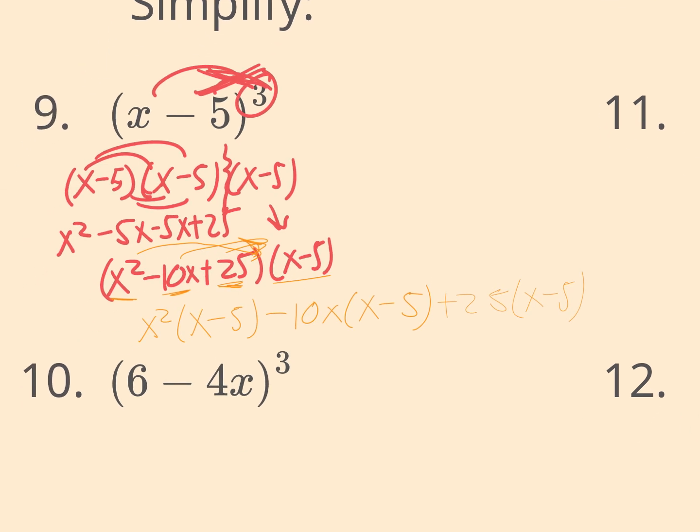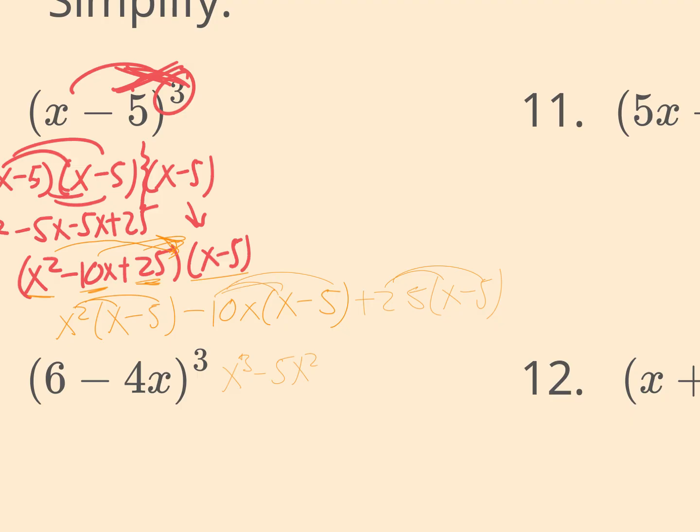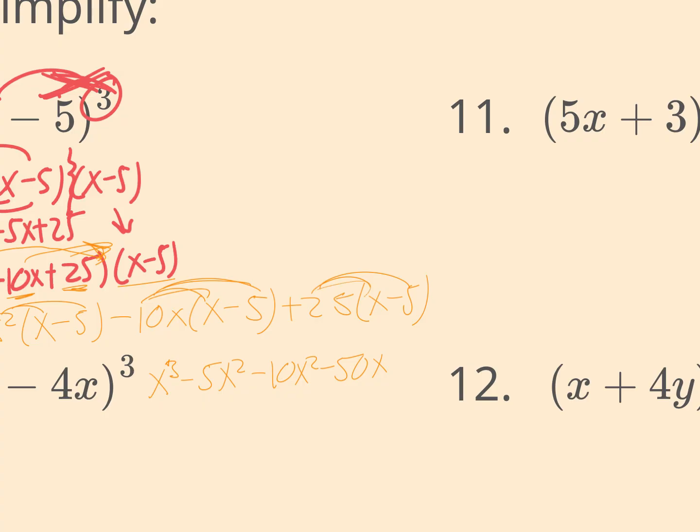Now x squared distributing to x minus 5 is going to get you x to the 3rd minus 5x squared. Taking that negative 10x and distributing is going to get me negative 10x squared minus 50x. And taking that 25 and distributing is going to get me plus 25x minus 75.